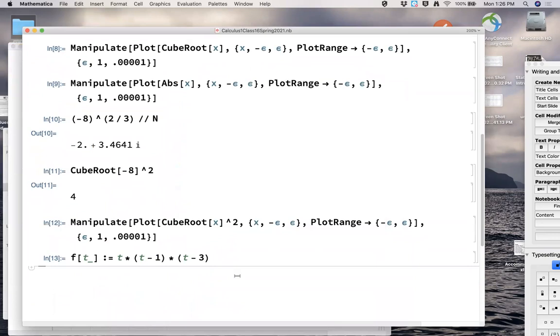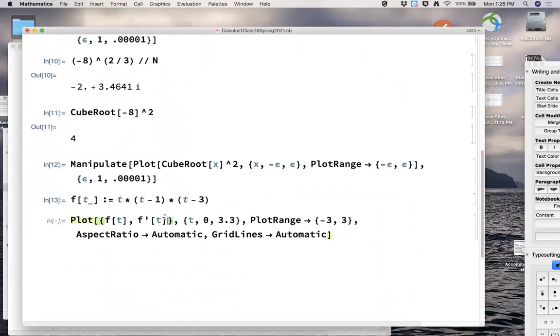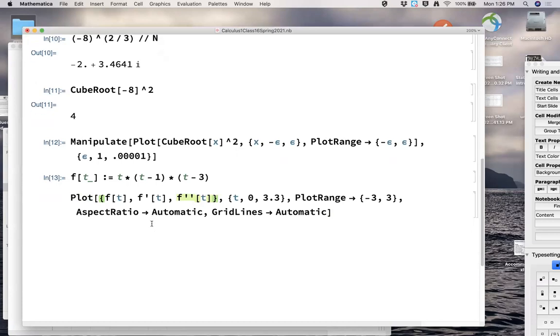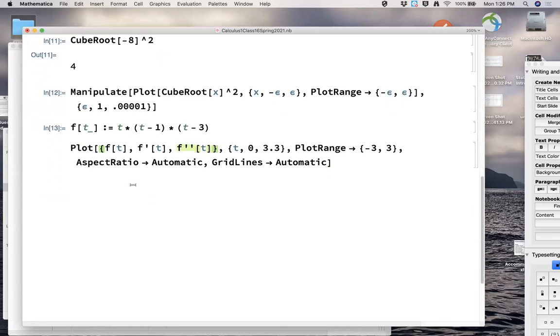Actually, let's go ahead and graph the second derivative in here as well. You can type this if you want. F double prime of t. I'm adding that to the graph. So I copied and pasted, but you can go ahead and type this. Make sure you get the commas in the right spot, the curly braces in the right spot, the square brackets in the right spot. Capital letters where they belong.